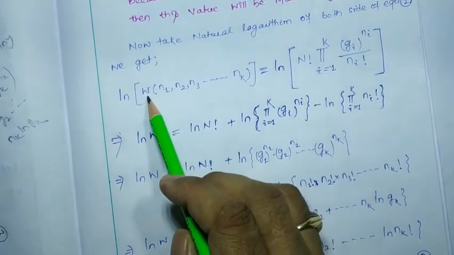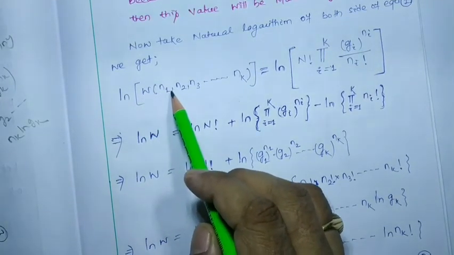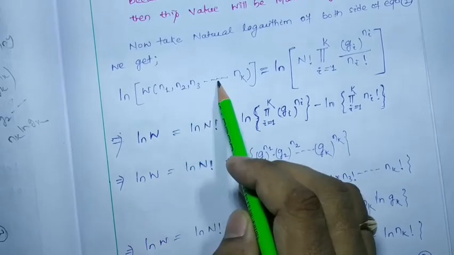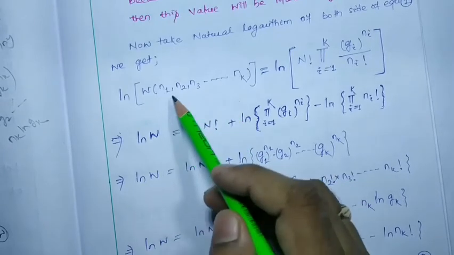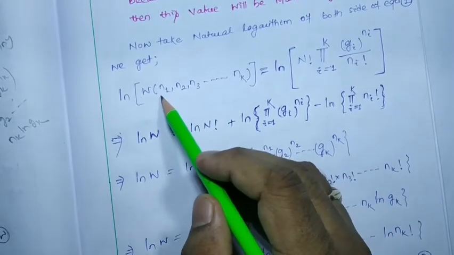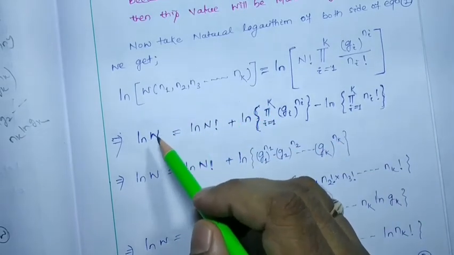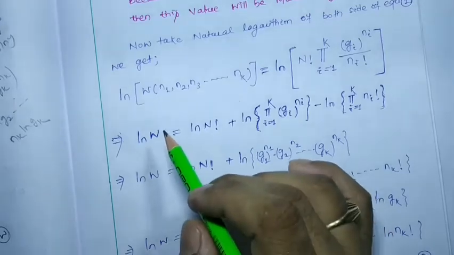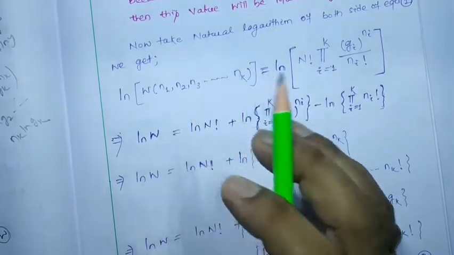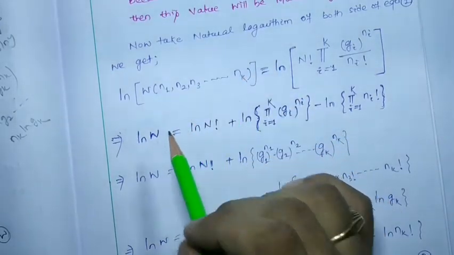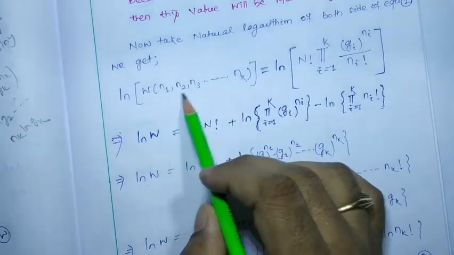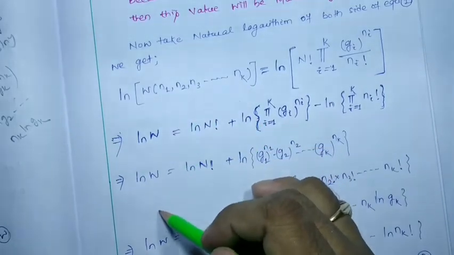See here, W is a function of n1, n2, n3, it is not a multiplication. Again and again I am not writing this. Whenever I write W, it represents a particular macrostate. You have to accept that it is a particular macrostate.